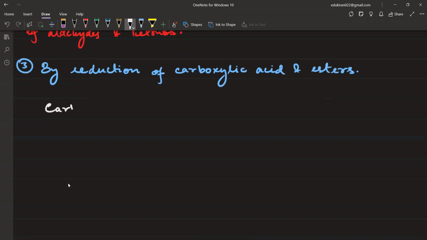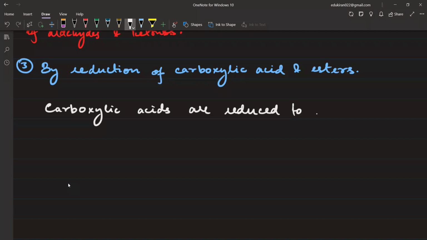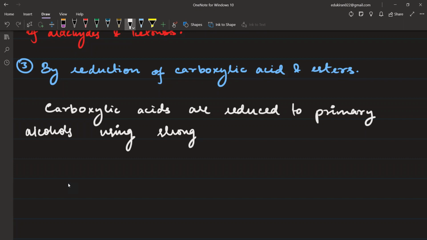Carboxylic acids are reduced to primary alcohols using a strong reducing agent.